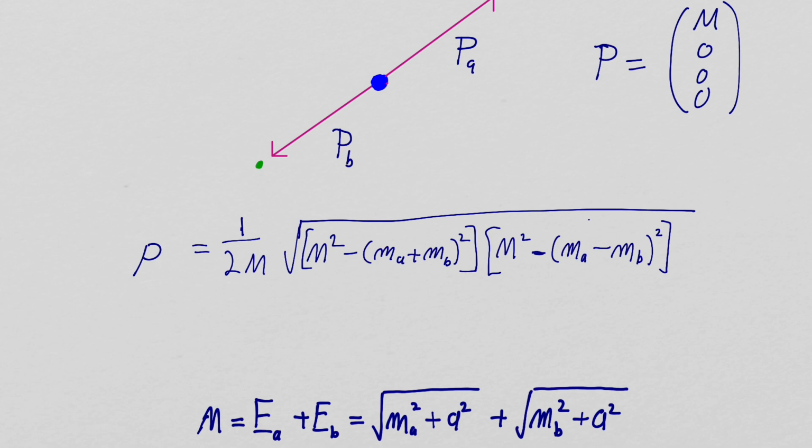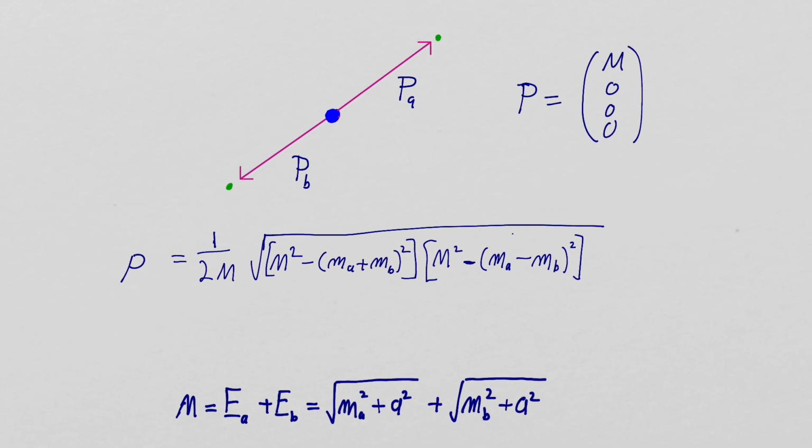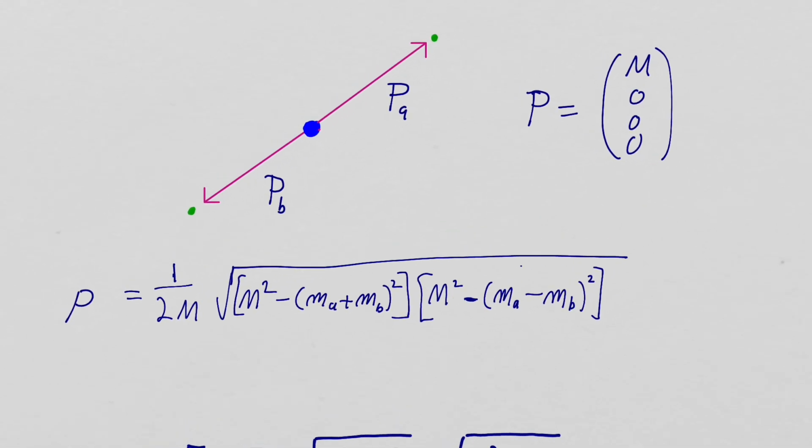So that was interesting. And this was done in the center of mass frame, which is characterized by a four momentum. This capital P is the four momentum of the parent particle in the center of mass frame, where the parent particle is motionless. And that motionlessness is reflected by the absence of the three components of the four momentum, which would be the three momentum.